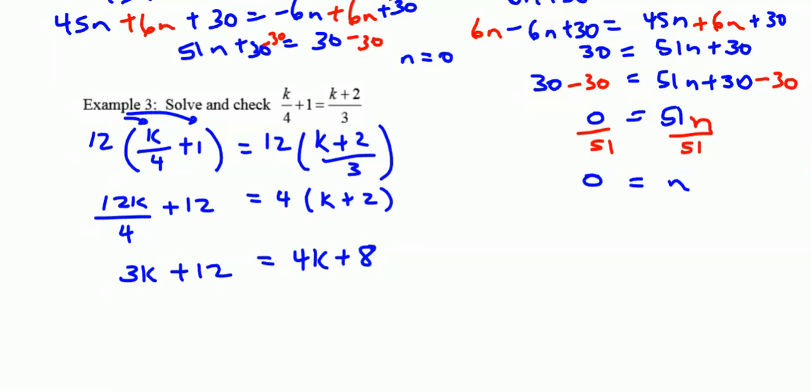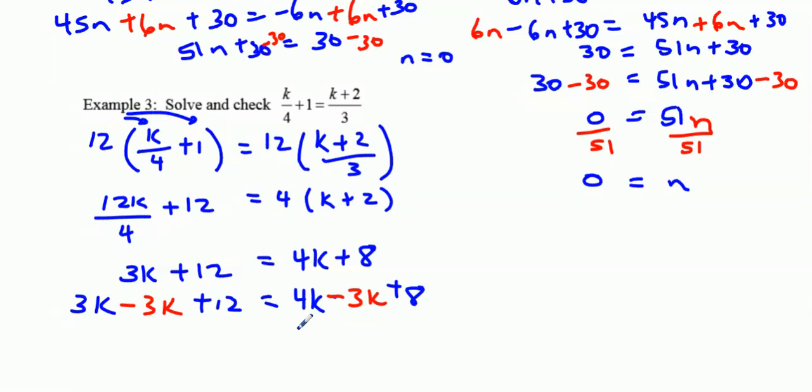Now I want to get the k's by themselves, so I'm going to go 4k minus 3k plus 8. And then I'm going to do 3k and subtract off 3k plus 12. So I've subtracted 3k from both sides to get rid of the 3k on this side.